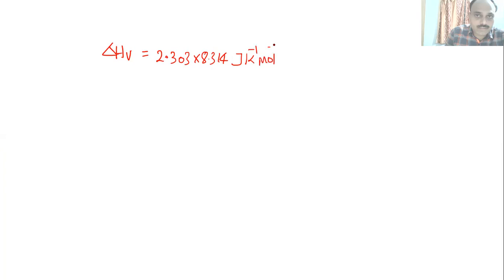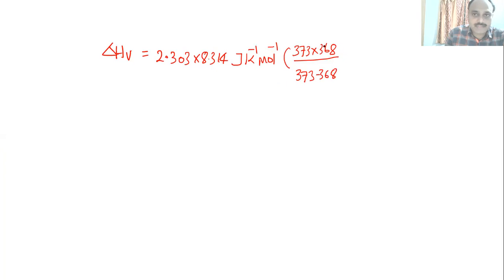Now, delta HV is equal to, you know that equation already, 2.303 into 8.314 joule per Kelvin per mole. This is the unit. And T1, what is T1? 373 into 368 divided by 373 minus 368.